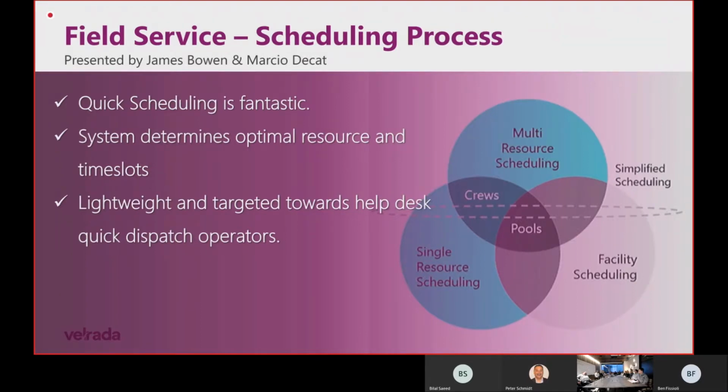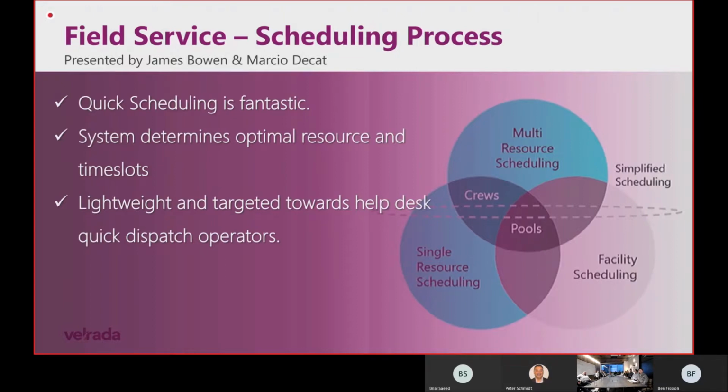And with 2 clicks, I don't need to be a resourcing scheduling specialist. I can literally just go, here's my work order, I want to do a quick booking, who's available, and let the system provide me recommendations.